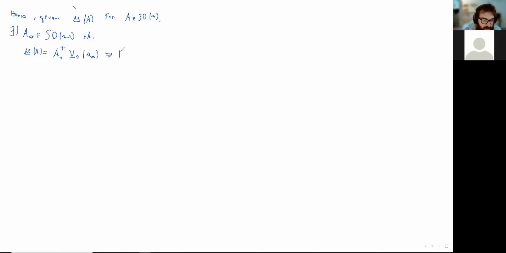So this gives us that the fibers are SO(n-1). And the trivializing functions, C_alpha, go from phi inverse of U_alpha to U_alpha times SO(n-1), go from A to a_n A_alpha.